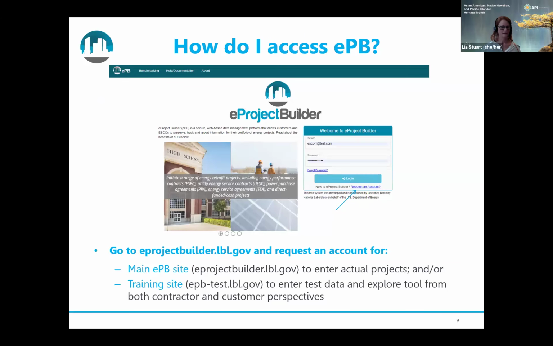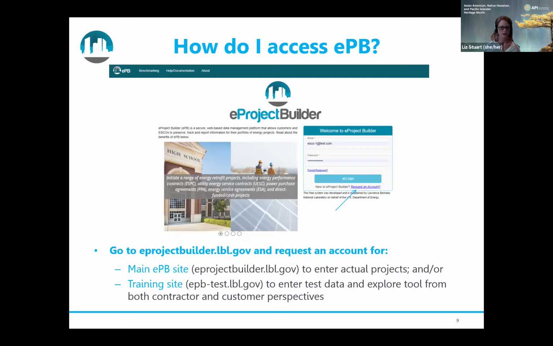So if you haven't already registered for eProject Builder and you want to, just go to eprojectbuilder.lbl.gov. There are two different kinds of accounts you can request. If you request an account on the main site, that is the site where you are going to enter real project data.